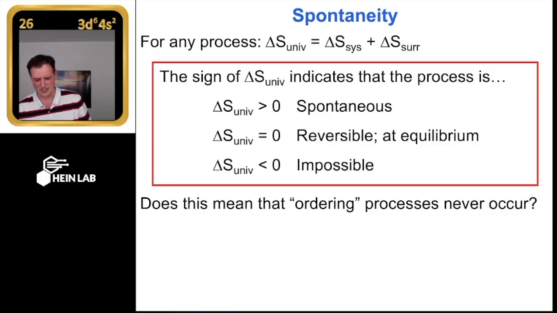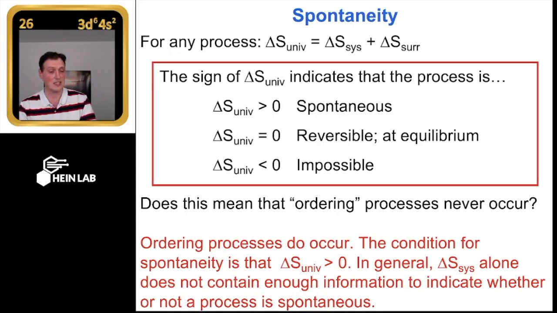Anybody in biochemistry, have you studied what's called the hydrophobic effect? The hydrophobic effect is another expression of ordering. Lipid molecules in a water environment will spontaneously form nice ordered layers where all the lipids line up and stack in an ordered membrane. Those things do exist. They don't violate the second law. In cases where there is ordering, the delta S of the system or the surroundings can be negative.